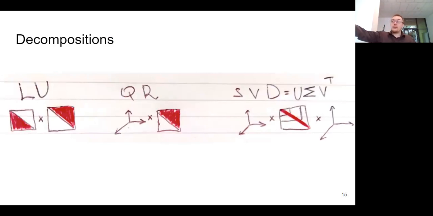And one of the most beautiful decompositions, which I think was introduced hundreds of years ago and was popularized in the middle of the 1950s, is SVD, singular value decomposition, which breaks our matrix into three matrices.